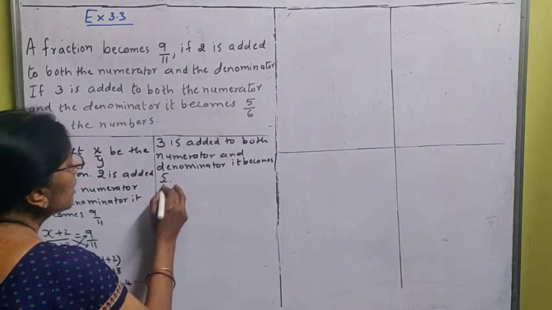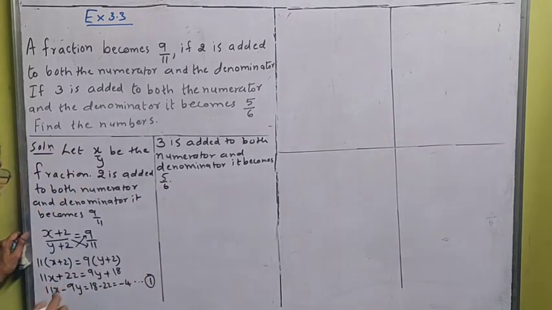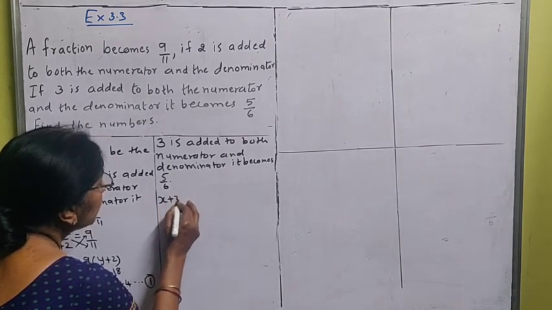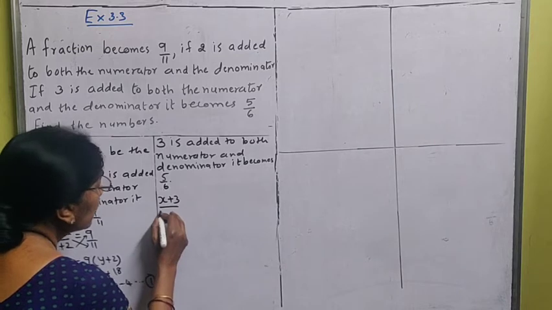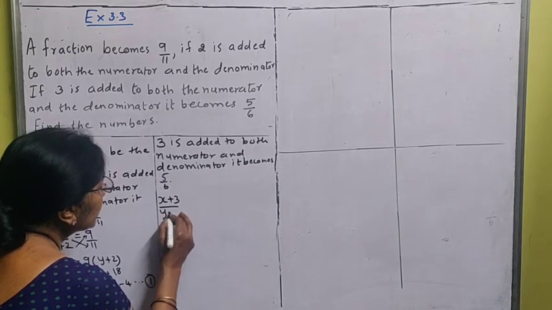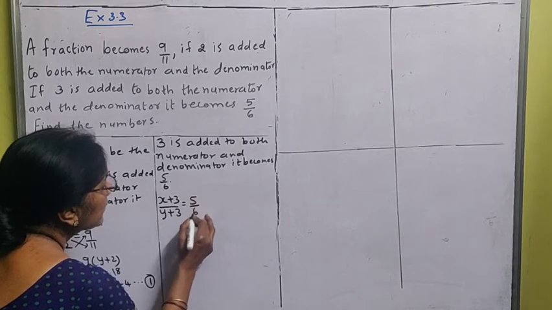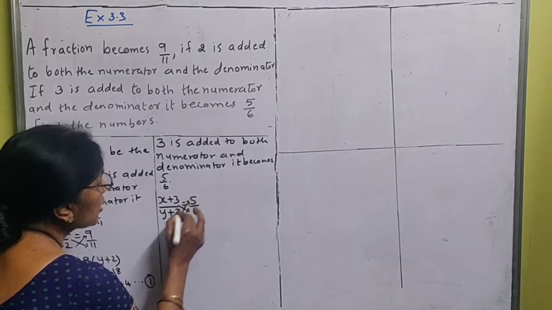So what shall we do now? x by y is our number. So take x, add 3 to it in the numerator, denominator y is there, add 3 to it, it will become 5 by 6. Again we are going to do cross multiplication.